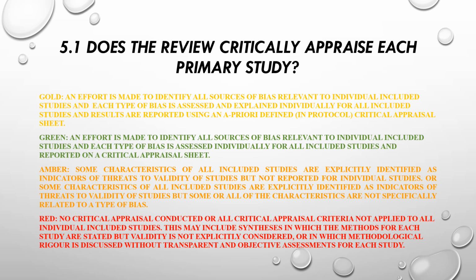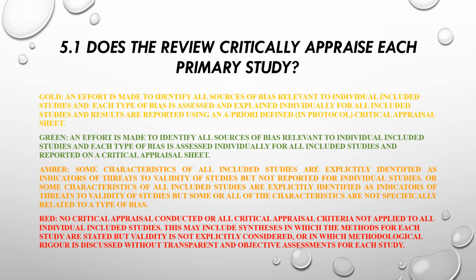Amber is awarded when some characteristics of all included studies are explicitly identified as indicators of threats to validity, but not reported for individual studies, or some or all of the characteristics identified are not specifically related to a type of bias. Finally, red is awarded when no critical appraisal is conducted or all critical appraisal criteria are not applied to all individual included studies.